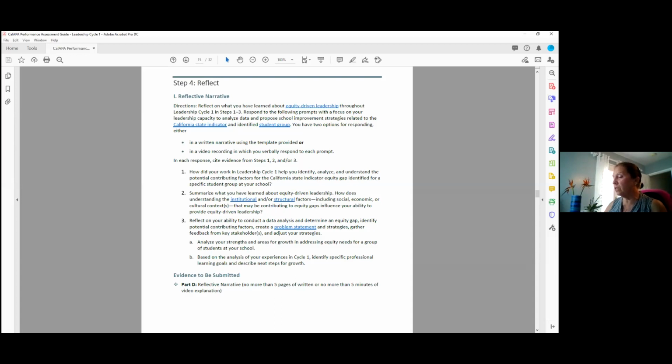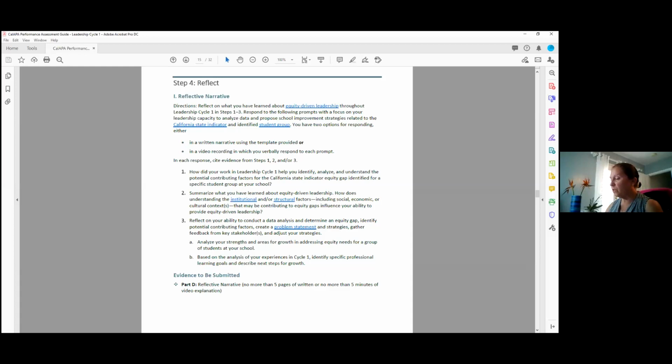So the first question we ask our candidates to reflect on is their work in this cycle. So the work that they engaged in to look at data, both quantitative and qualitative in step 1, how that resulted in that consideration of factors, and then how that turned into a problem statement, and then how in ACT they sought out that feedback and then perhaps revised and understood what was potentially feasible and what challenges they might face in their school site as they dug in to work on that equity gap.